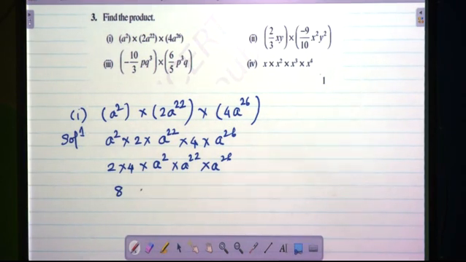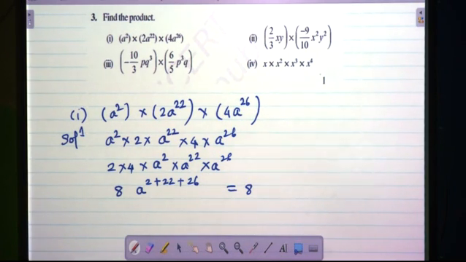Now, this a raised to 2 plus 22 plus 26 follows the laws of exponents and powers. This becomes what? It becomes 8.